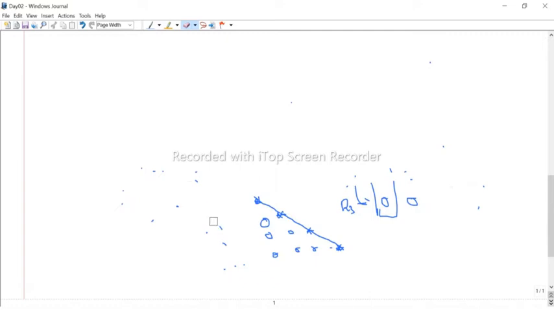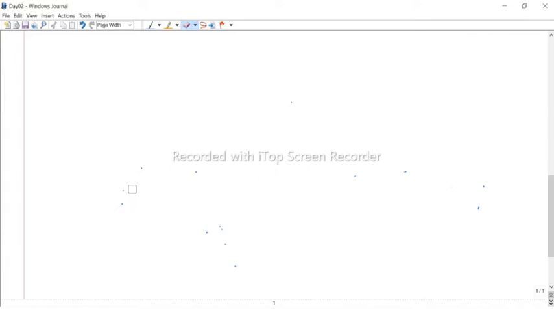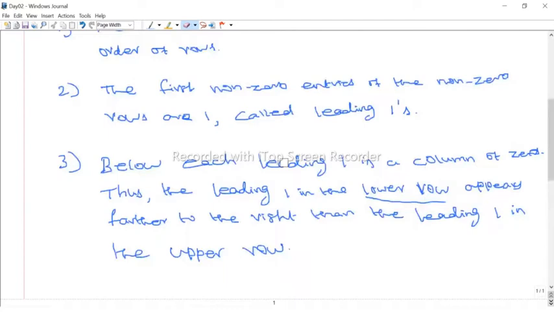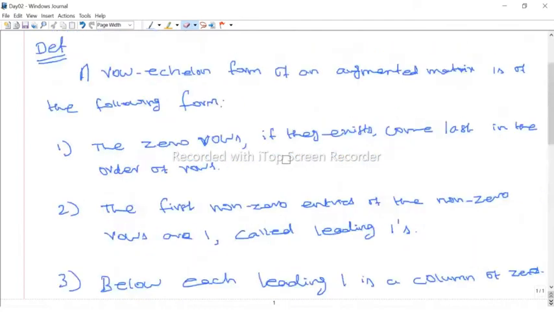In the row echelon form, below the leading entry should be 0, but in the reduced row echelon form, above the leading entry should be 0 too, in the corresponding columns also. So this is the definition of a row echelon form. Now we add one more condition to this, and it becomes a reduced row echelon form.